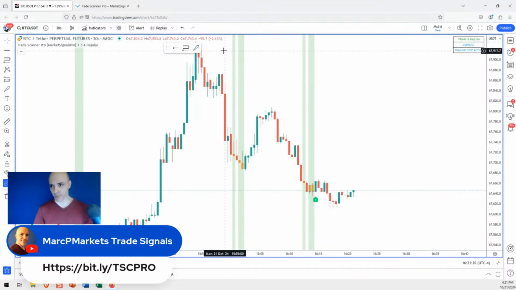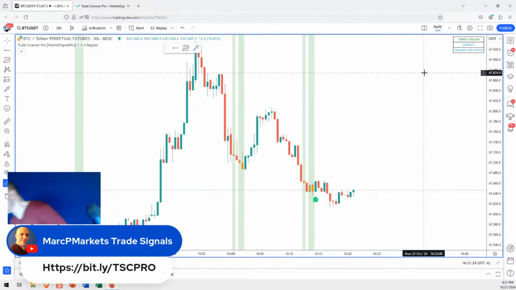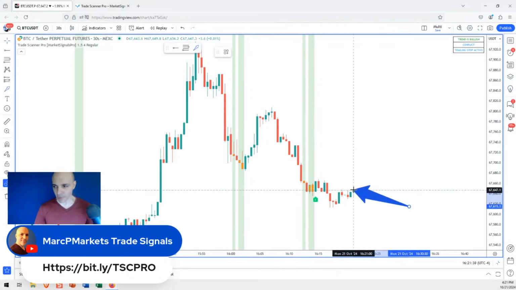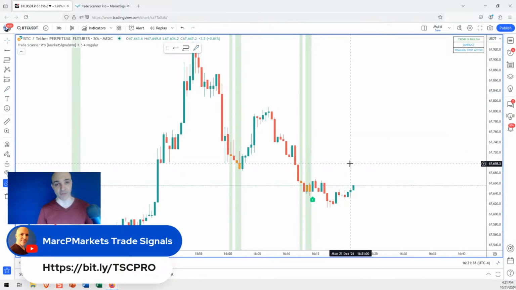Another thing you'll notice up here is the word conflict, right? Does it say it there? Yeah, conflict. Some people ask me what that means. So conflict means that the price is going against the trend right now, okay? So the trend is bullish, and we've been getting bearish price action. When we get that type of situation, you're going to see conflict.